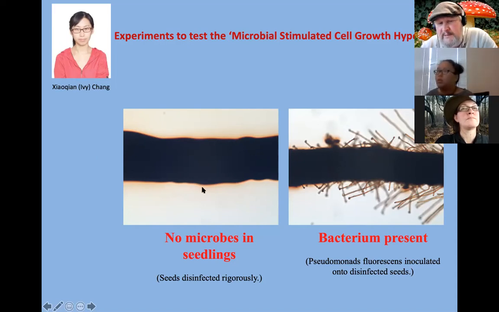The root to the left shows a root of Poa annua with no microbes, and you see there's no hairs forming. And then when those microbes were put onto that seedling, you can see now hairs right away all over that root.